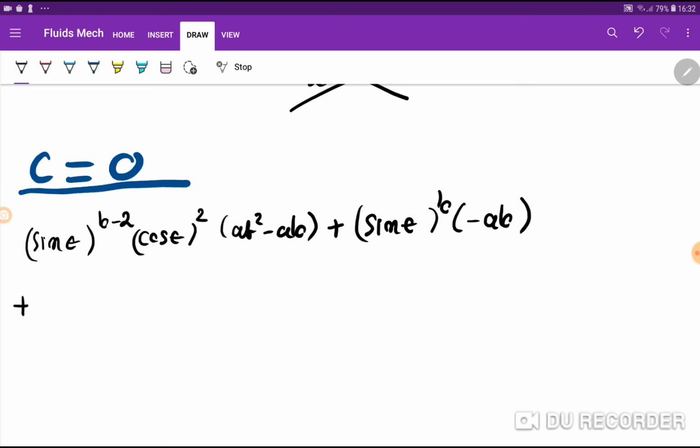Plus, same, sine theta to the power b times negative ab, sorry, negative ab.